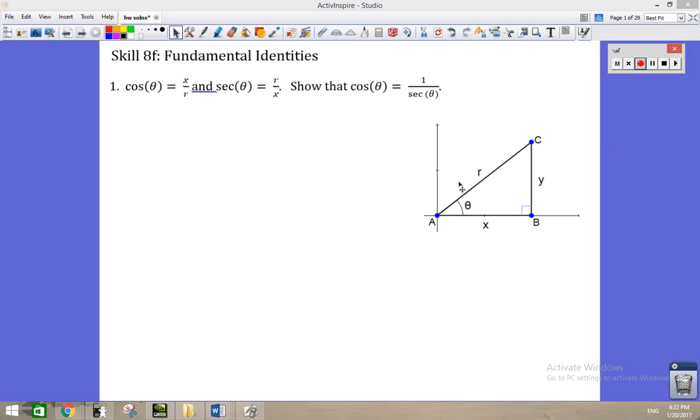Right now in problem number one, it's wanting us to verify a reciprocal identity. It's saying that it wants us to show that the cosine of theta is equal to 1 over secant theta.